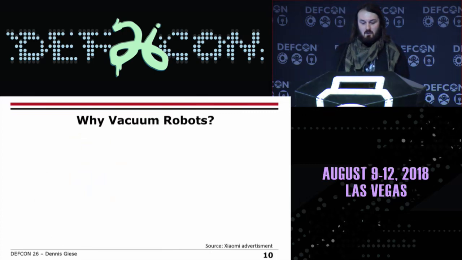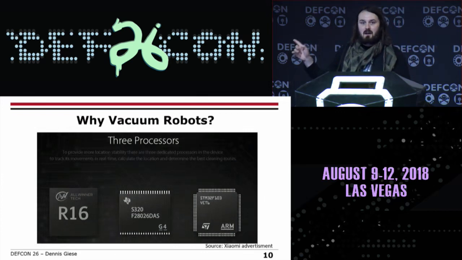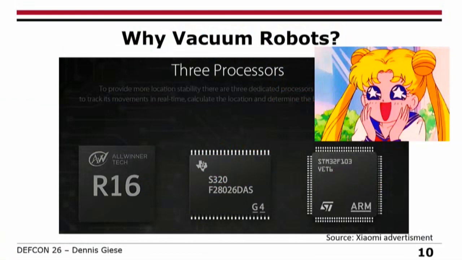And the thing is the following. This is the advertisement of Xiaomi about the vacuum cleaner Generation 1, and it tells you, hey, this thing has 3 processors, and one of them is a quad-core. Now you think, a quad-core in a vacuum cleaner? How cool is that, right? So this was the initial reason we started this research, because it was a very interesting platform.